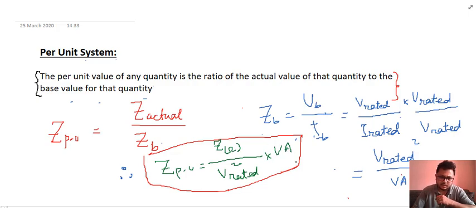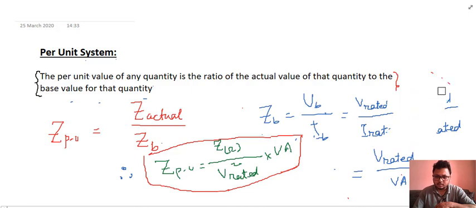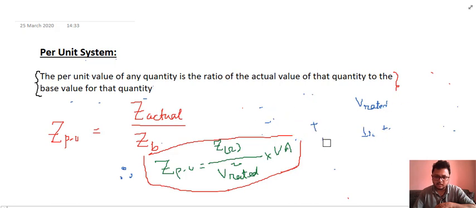Now in terms of MVA, because in power system we mainly deal with high voltage, and more voltage means we have to consider higher units, like mega. If I want to convert this to mega, I have to convert to MVA, so multiply by 10 to the power 3.